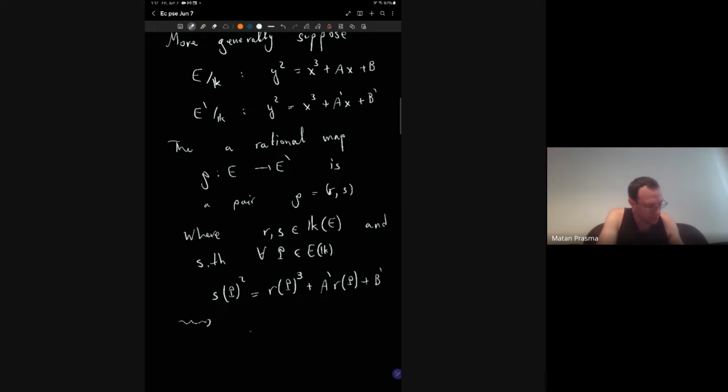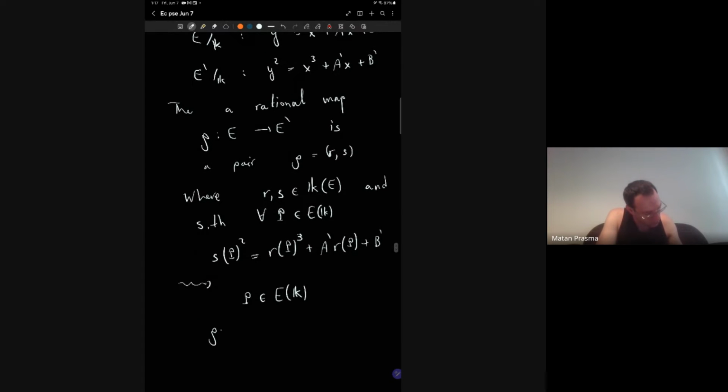And what this notion gives you is that for any P in E of K, I can apply the rational function rho on P. This means that I apply R on P and S on P. And the equation here, star, means that rho of P is a point on E prime, because the X and Y coordinates of rho of P satisfy the equation of E prime.